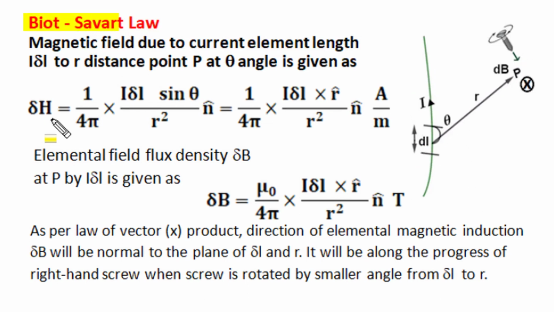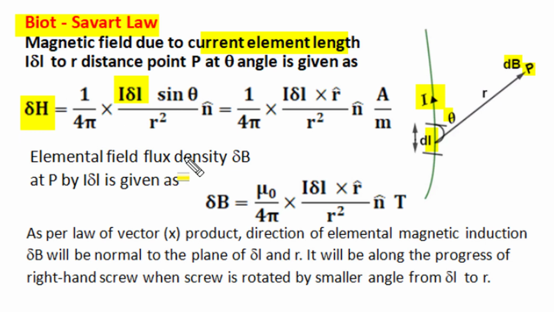Biot and Savart observed that the elemental magnetic field intensity contribution from a current element length is directly proportional to the strength of the current element, that is the product of current passing through the conductor and the elemental length whose contribution we are observing at the observation point.